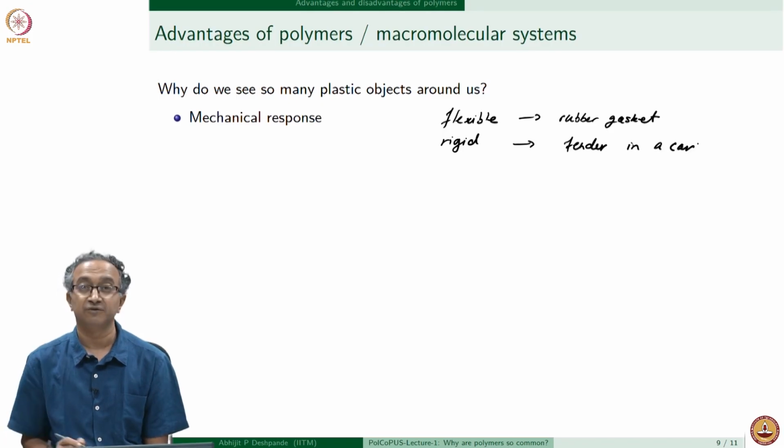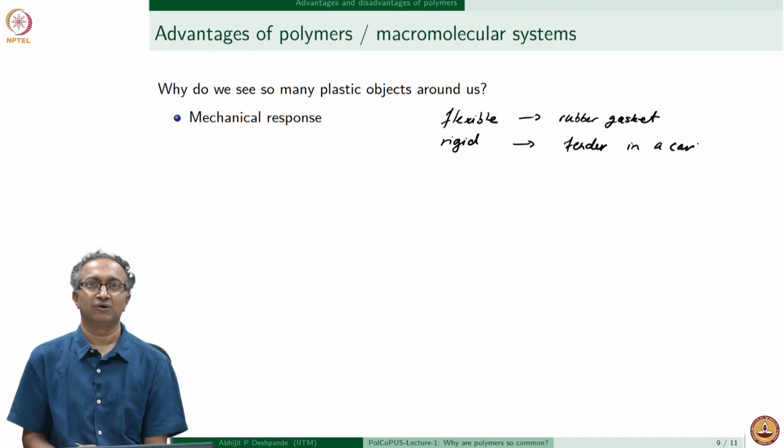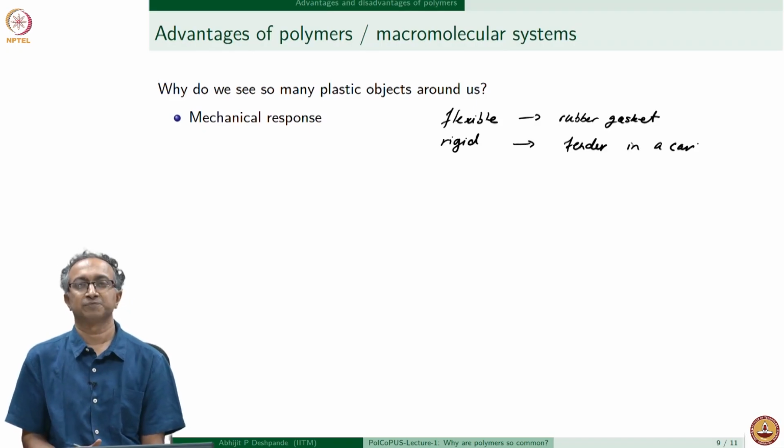So very different kinds of mechanical properties can be obtained, and this is true even for optical or electrical or any other sets of properties. So one key set of advantages for these polymers is the range of properties that you can get from them. What is another advantage that you can think of?